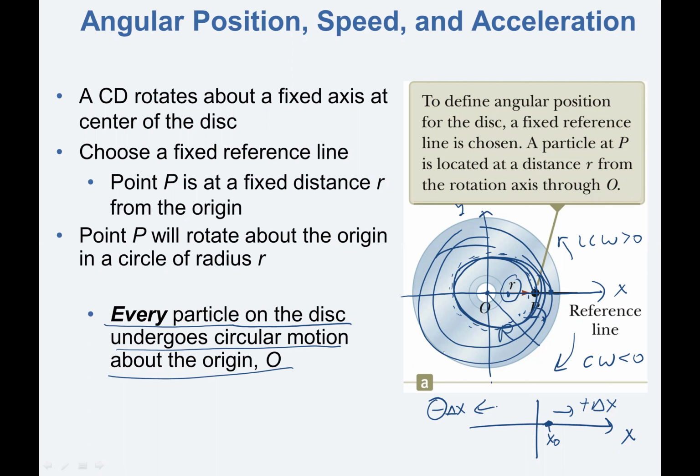As the disk starts rotating, every single particle in that disk is going to rotate together, right? It's not like this P1 is going to move and P2 is going to stay there. No, the disk is a rigid object. That means we assume that if the entire disk is rotating, every particle, P1, P2, P3, they're all rotating together.